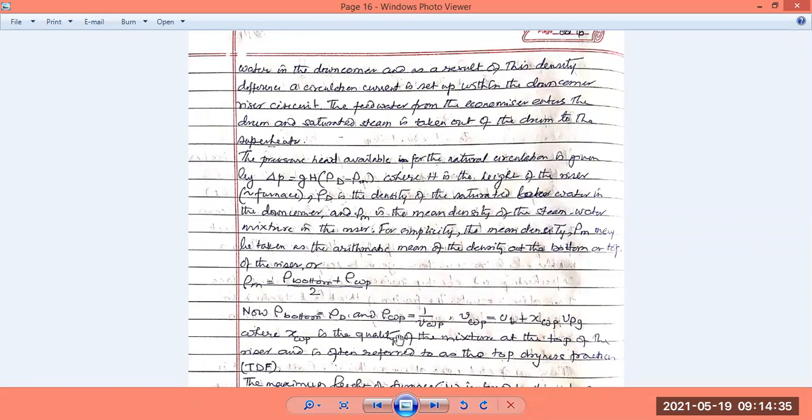And rho_top is the density at the top portion of the riser, which is equal to 1 by the specific volume, 1 by V_wp, where V_wp is the specific volume of the water and vapor mixture, equal to V_f plus x_wp into V_g. Here x_wp is the quality of the mixture, the ratio of vapor to water at the top of the riser, often referred to as the top dryness fraction.